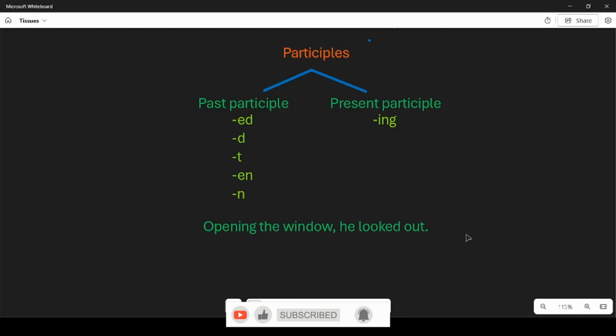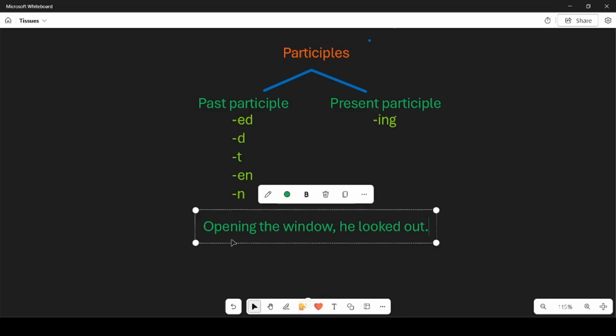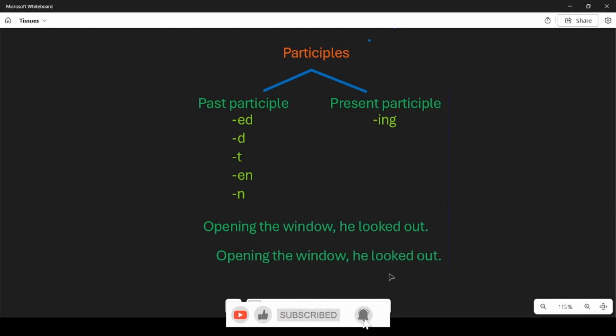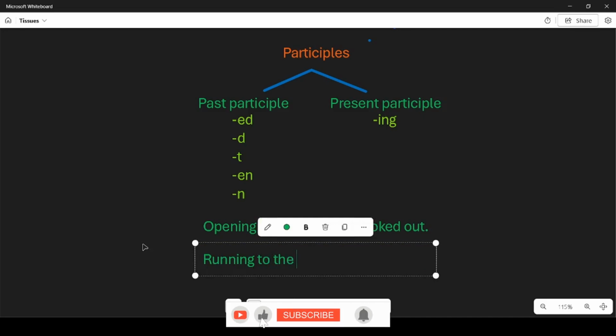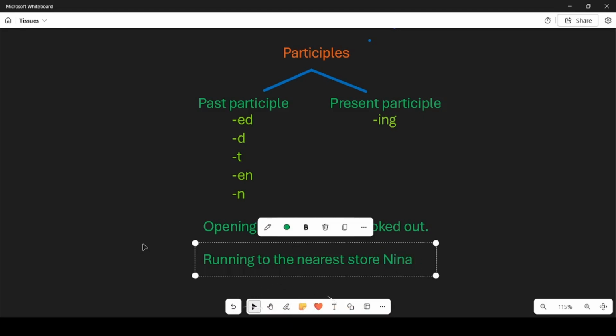So this is the sentence. Nina ran to the nearest store. She bought the medicine. So instead of saying that, we can say in one sentence, running to the nearest store, Nina bought the medicine. Control D is not working.